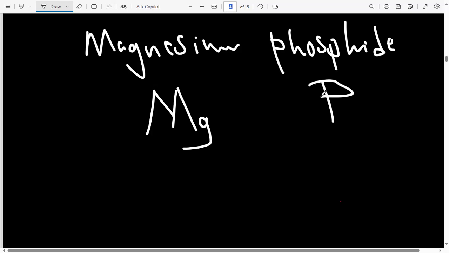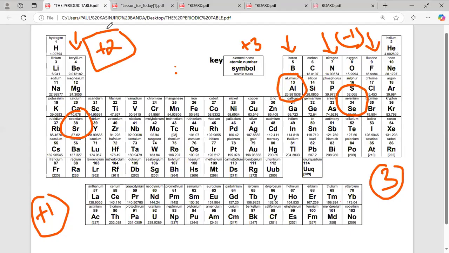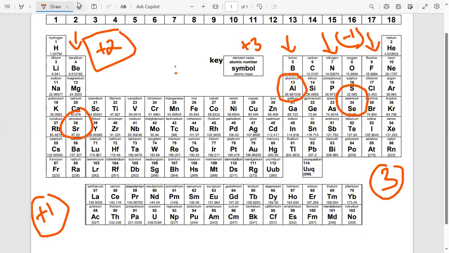So according to the group number, this magnesium is in group 2. So it has a valence of what? 2. And then this phosphorus is in group 5. So it has a valence of what? 3.